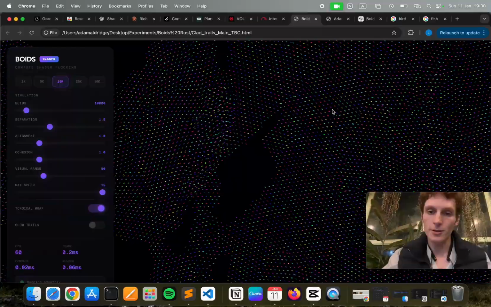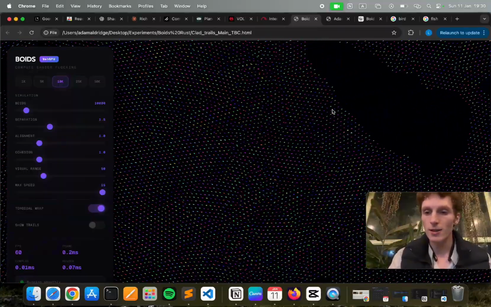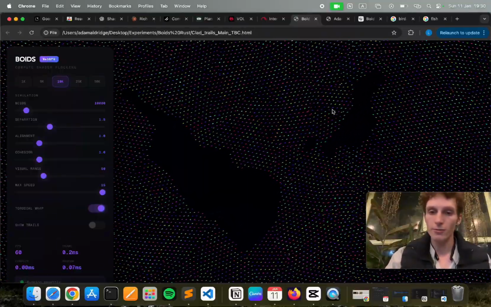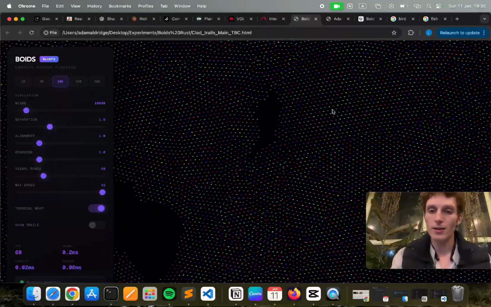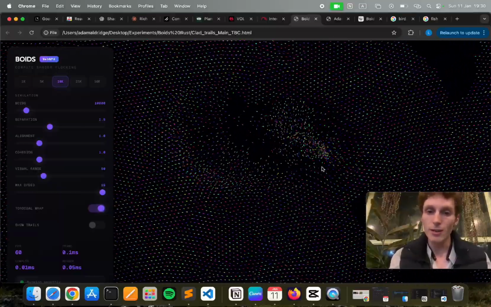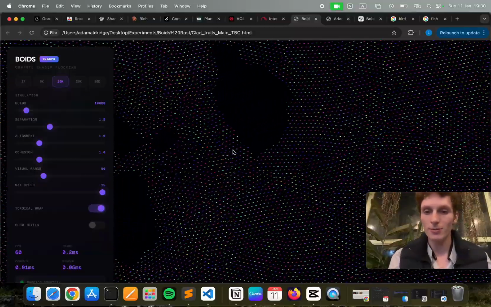So it does both the compute of the position and forces, and it also does the graphical rendering, both of which are accelerated by the graphics card. And it really makes a big difference, as you can see, because now there's 10,000 where before there was 50.